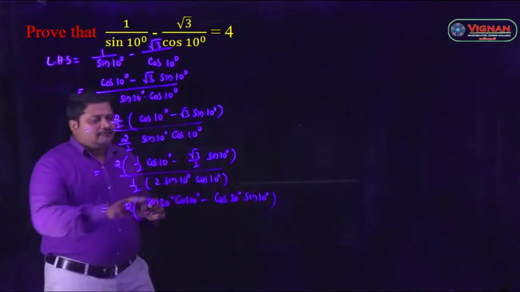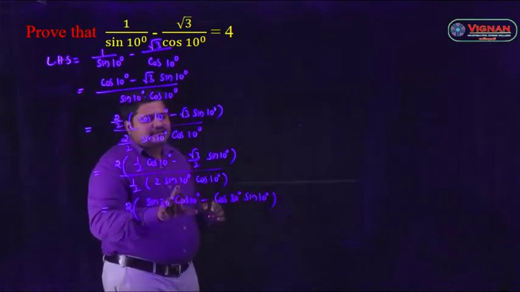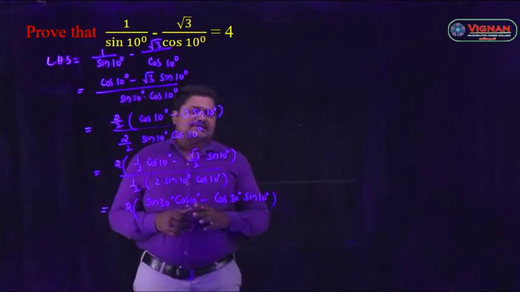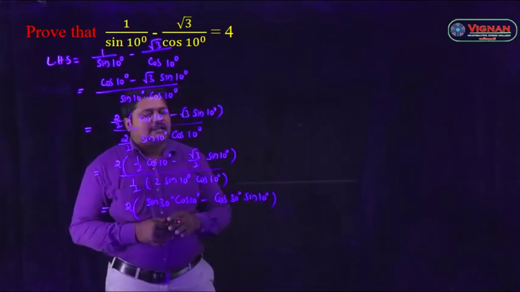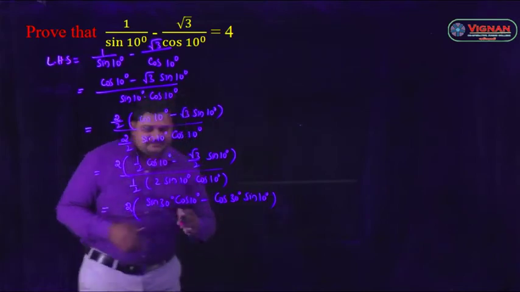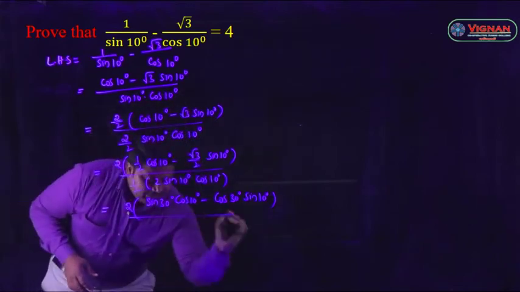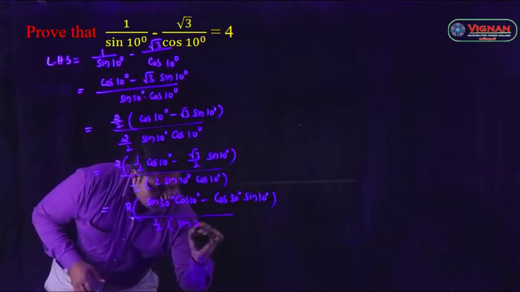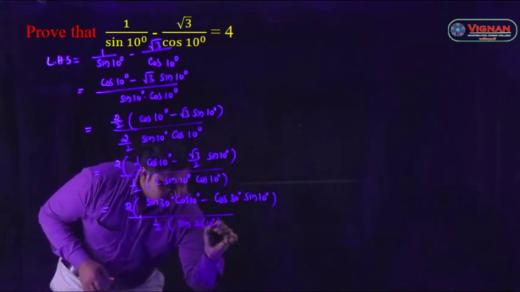In the denominator a formula occurs, 2 sin theta cos theta, which is sin 2 theta. Here theta is 10 degree, so 1 by 2 into sin 2 into 10 degree.